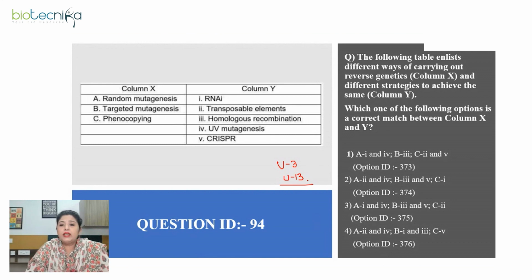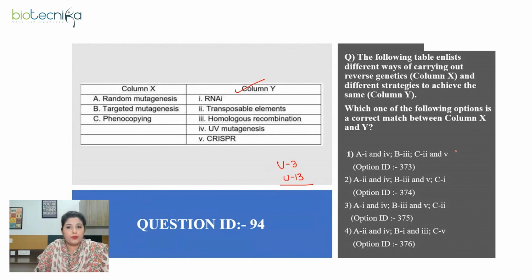The question is that a table is given to you, and in column X they have given different ways of carrying out reverse genetics, the techniques, and in Y the strategies to achieve the same. Which one of the following options is a correct match between X and Y?